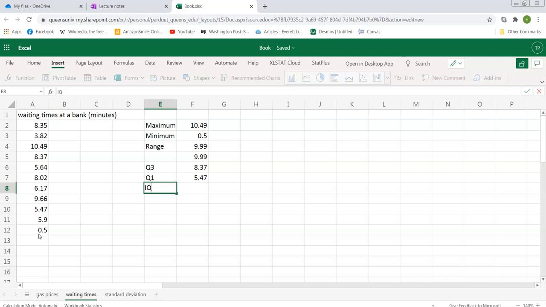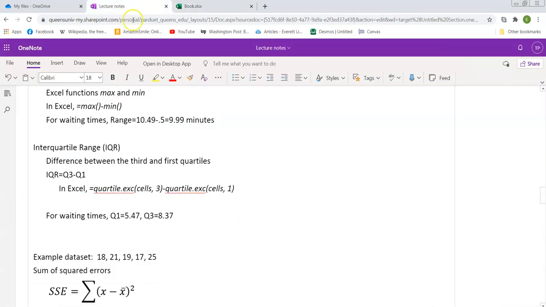So our interquartile range is Q3 minus Q1, which is 2.9. So 8.37 minus 5.47.